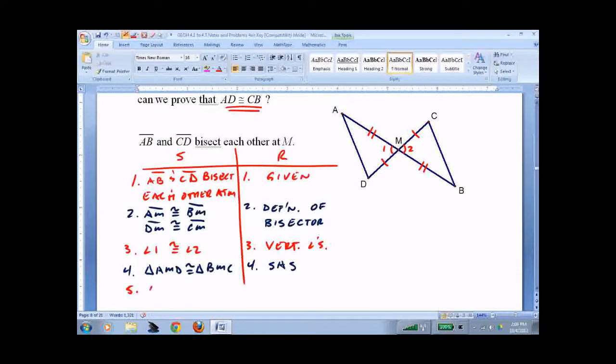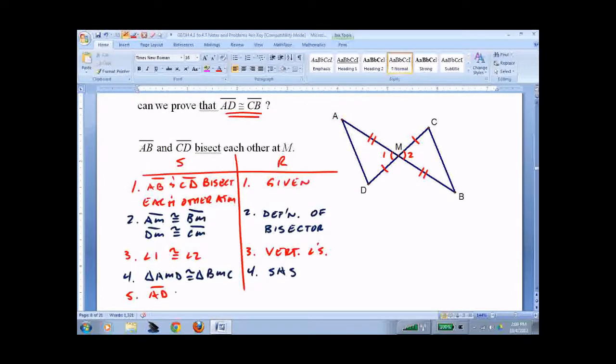We would say that AD is congruent to CB by CPCTC. Once we've proved the triangles are congruent, corresponding parts of congruent triangles are also congruent.